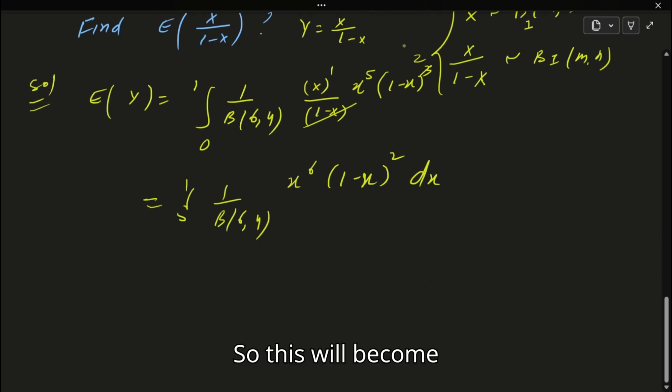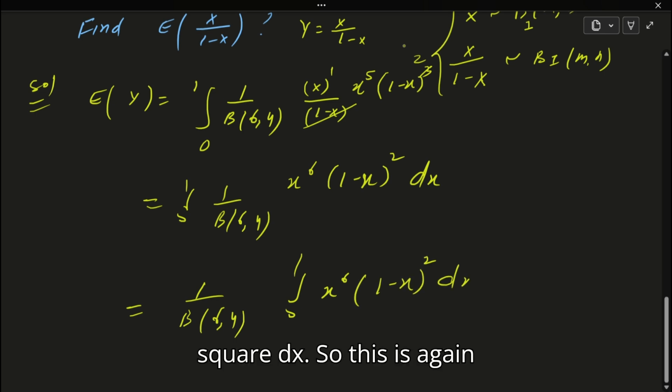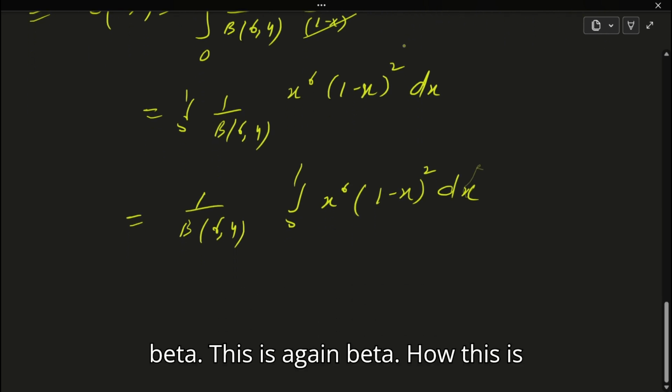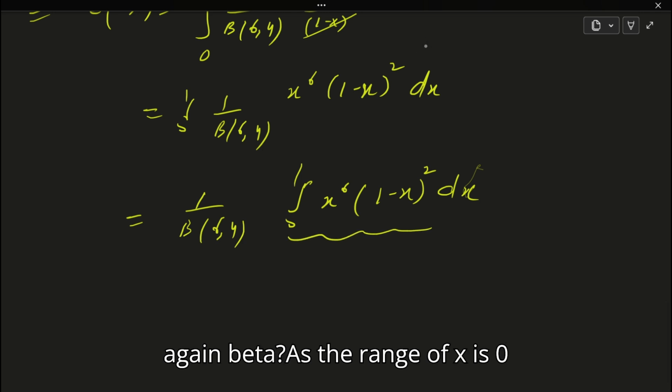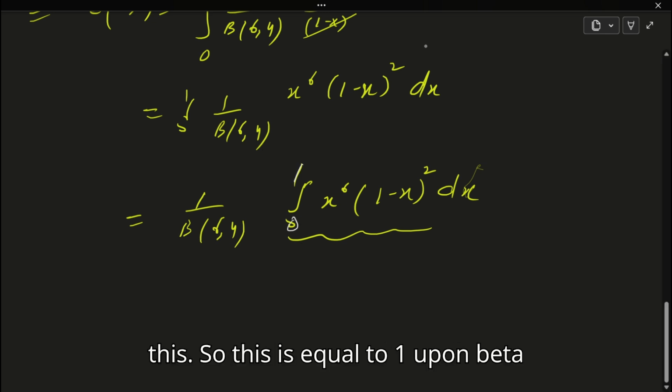Clear? So this will become the integral from 0 to 1 of x^6 (1 minus x)^2 dx. So this is again beta. How is this again beta? As the range of x is 0 to 1 and the function is like this.